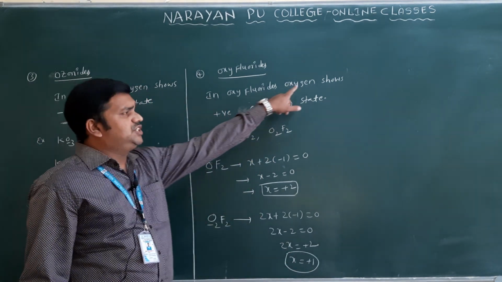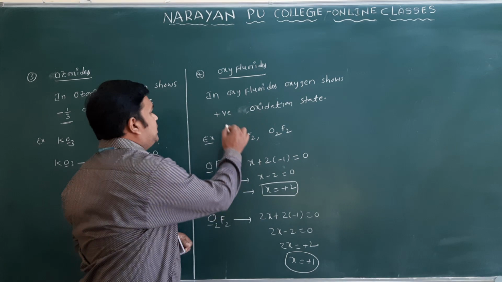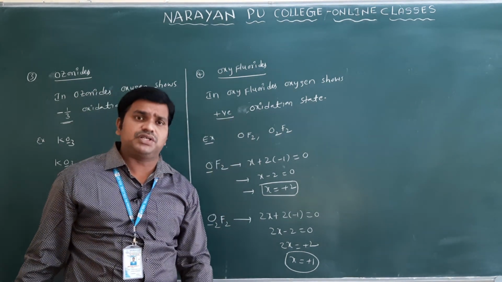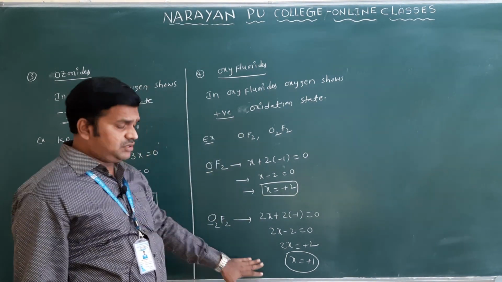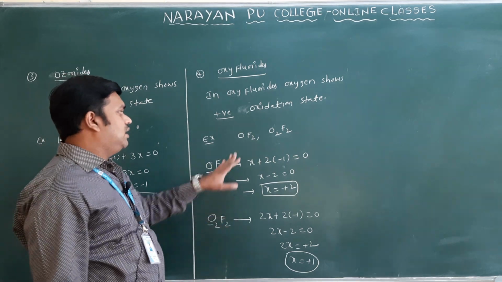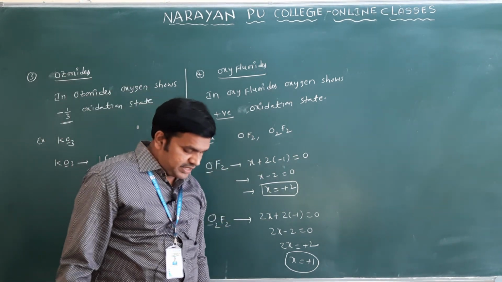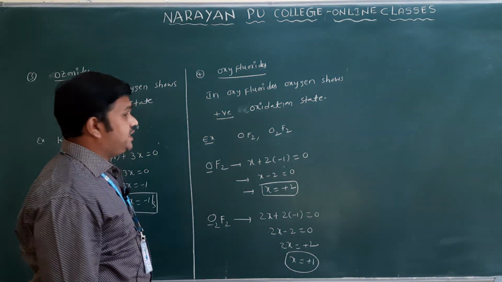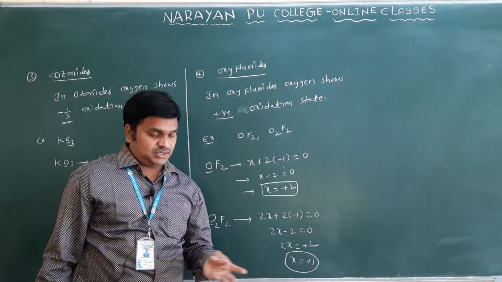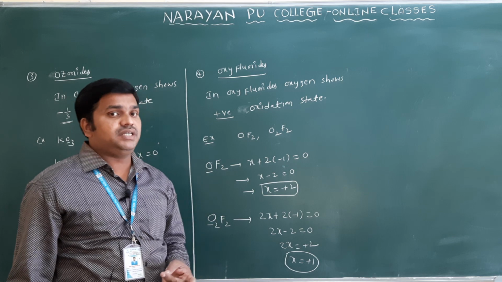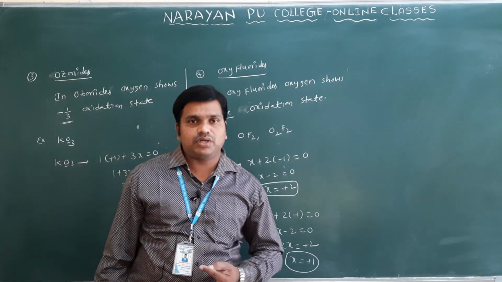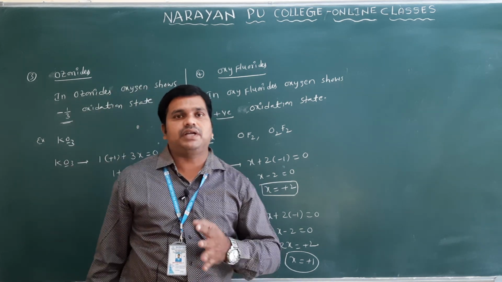So in oxyfluorides oxygen shows a positive oxidation state, either plus 1 or plus 2. Plus 1 is possible with dioxygen difluoride and plus 2 with oxygen difluoride only. So this is regarding the oxidation states of oxygen: normal oxides, peroxides, superoxides, ozonides and oxyfluorides only.